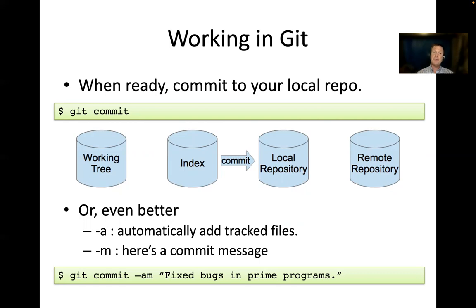There's also another option, and these usually get combined. -a on a commit says to automatically add files that are tracked. It won't put new files in your repo. If you created a new file, you still have to add that separately. But if you've already got files that are being tracked, files that you've previously added, and you've just modified them, -a will automatically put any of those modified files into the next commit.